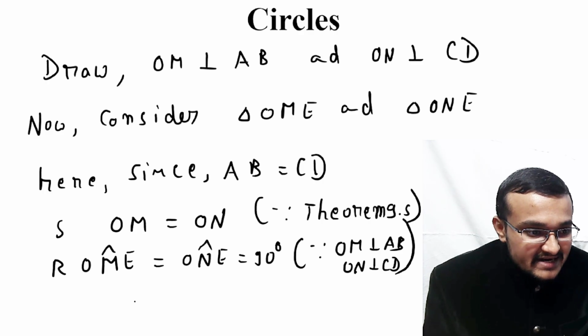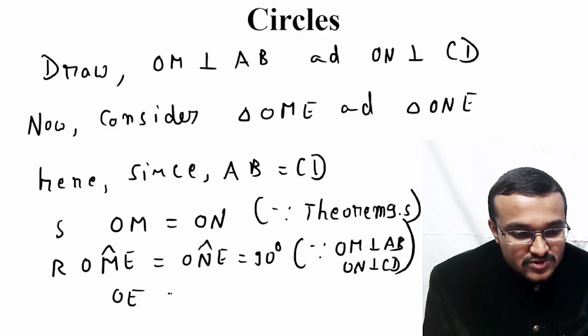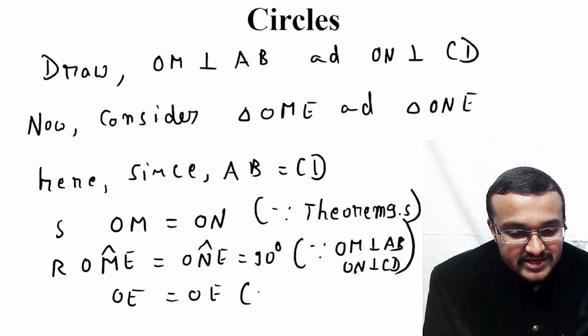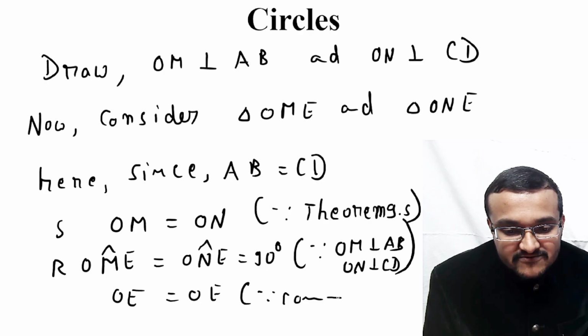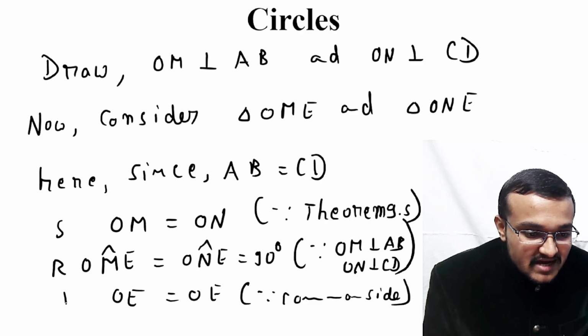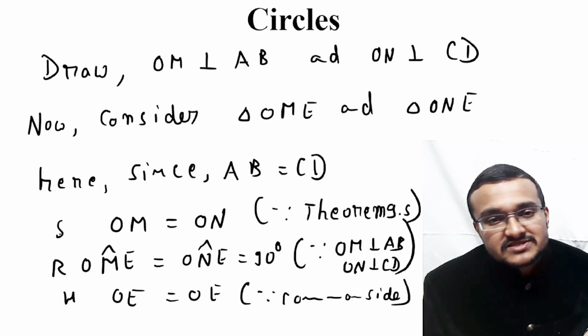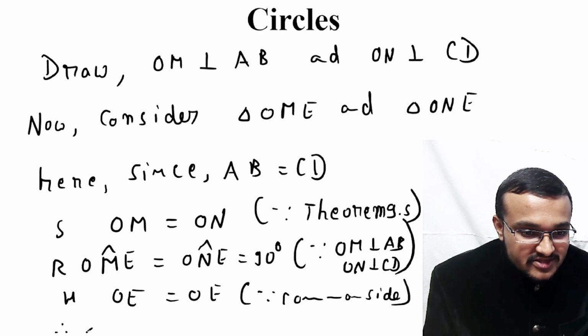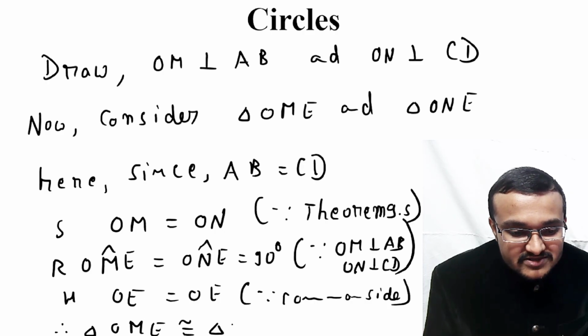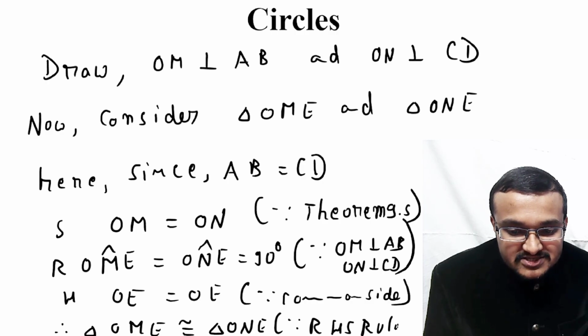And here OE is equal to OE because OE acts as a common side for both triangles. So this is the hypotenuse. One right angle, one hypotenuse and one side are equal. Therefore triangle OME is congruent with triangle ONE. This is from the RHS rule.